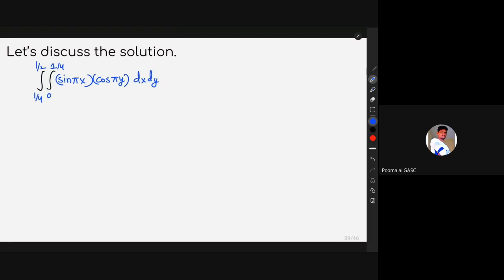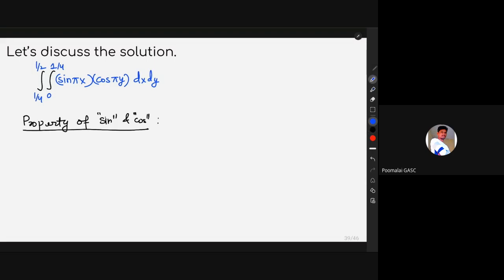But we are interested in finding the maximum and minimum value of this integral. We are not calculating the exact value of this integral. So here we will use some properties of the sine function and cosine function, in particular a simple property of sine and cos.